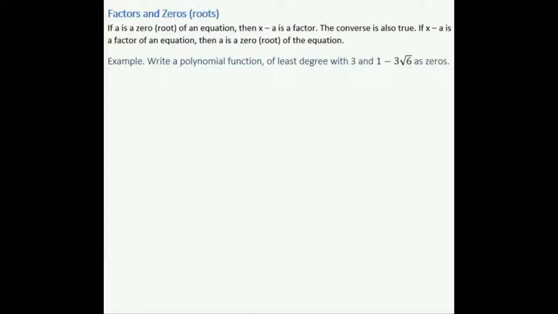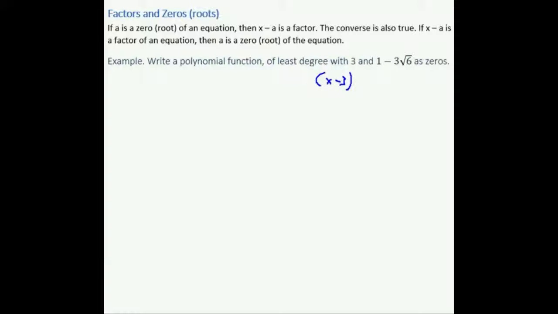If a is a 0 of an equation, then x minus a is a factor, and the converse is also true. So we can actually write polynomial functions if we know some of the zeros. And so what we do here, if 3 is a 0, this means x minus 3 is one of our factors. This one gets a little tricky.